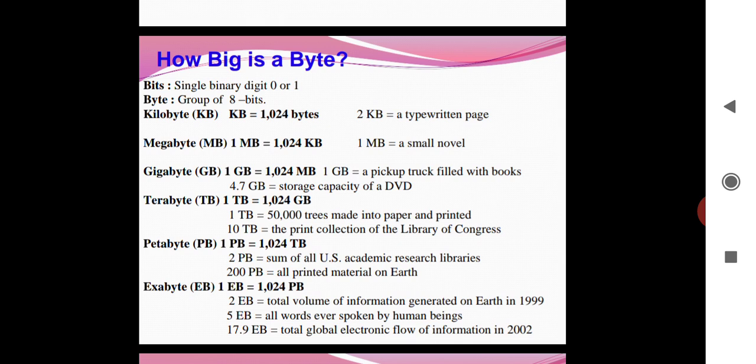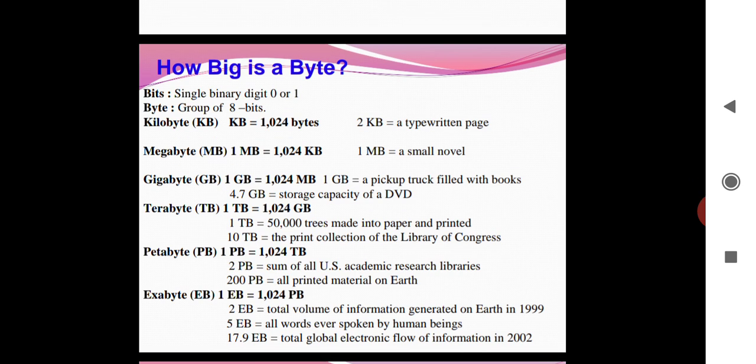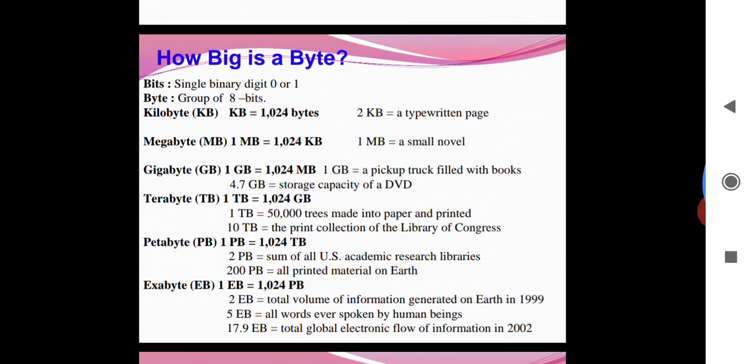A byte is a group of 8 such bits of 0 or 1. So a group of 8 bits is nothing but a byte, and its bigger units are kilobyte, megabyte, gigabyte and so on. 1 kilobyte means 1024 bytes.